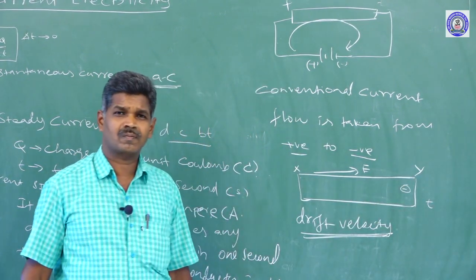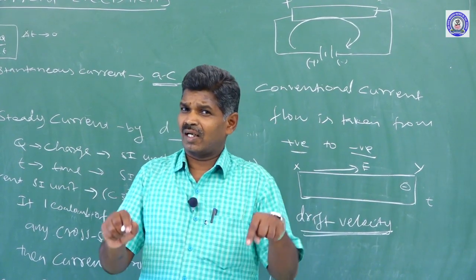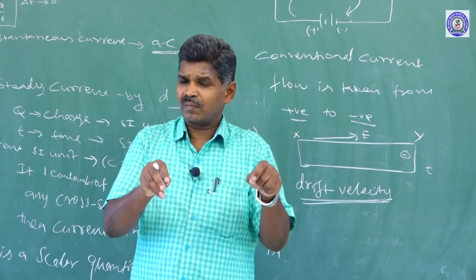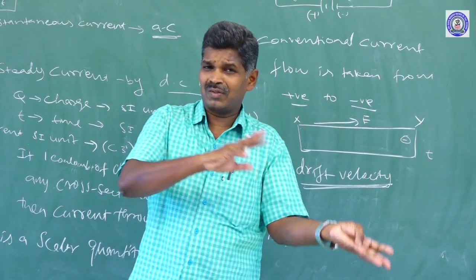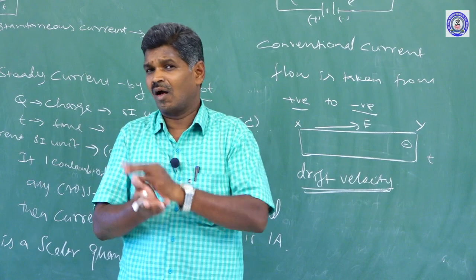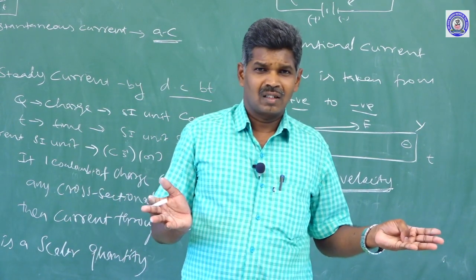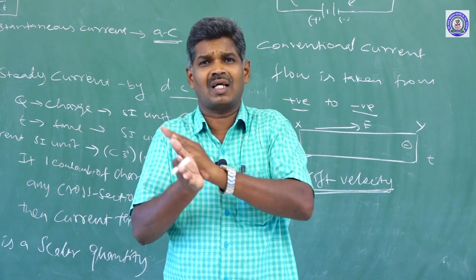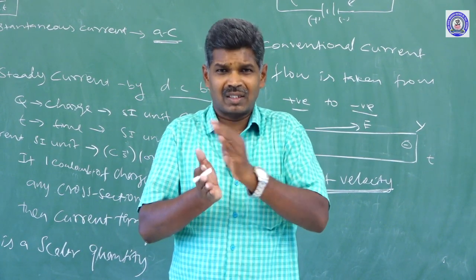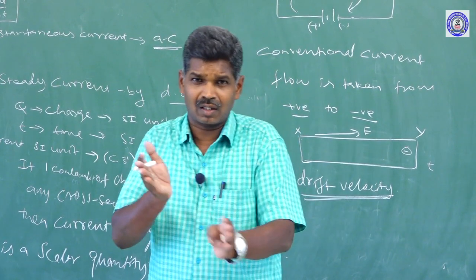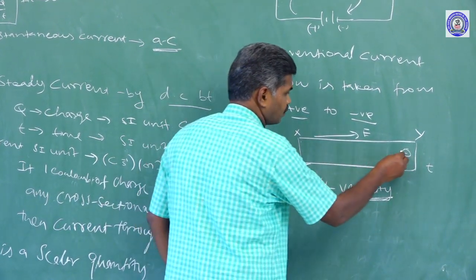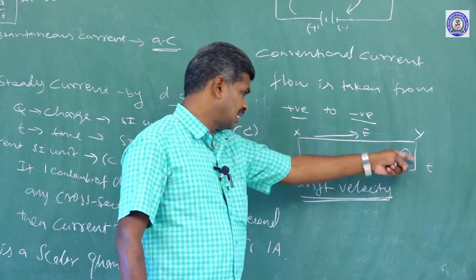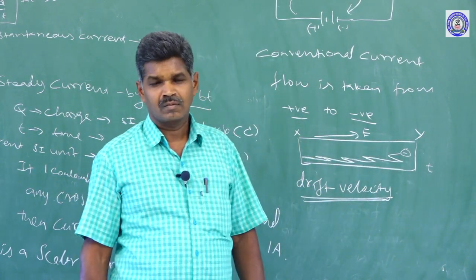Drift velocity. At the time of current flow, free electrons move from lower potential to higher potential, not in a free manner. Each and every instant they collide with atoms and ions, then turn back and move forward. Anyhow, they reach the opposite end.